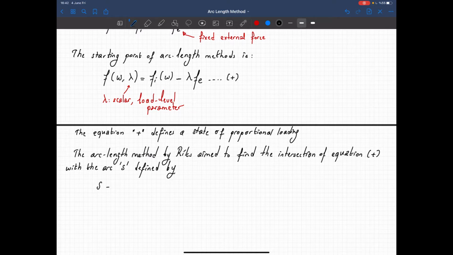We have an S, the length of it is defined by the integral of ds, and ds will be equal to the square root of dw squared plus d lambda squared, times phi FE.